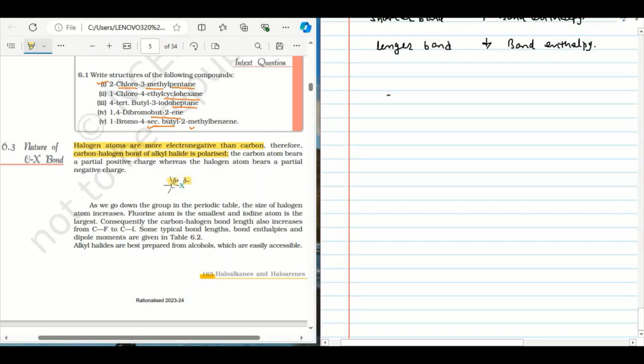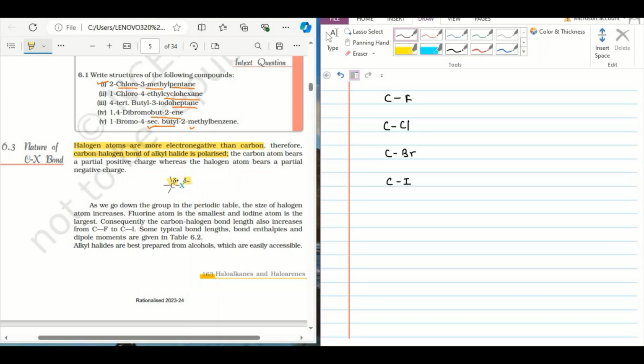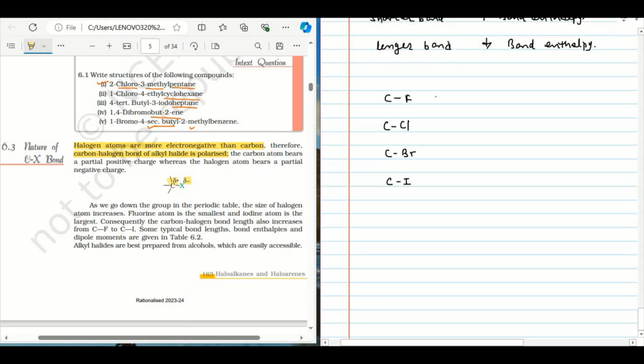Now let's compare the bond length of carbon-fluorine, carbon-chlorine, carbon-bromine and carbon-iodine bond. Here carbon is common, but when you compare between fluorine, chlorine, bromine and iodine, when you go down in a group, the size of atom increases, and bond length is the distance between two nuclei.